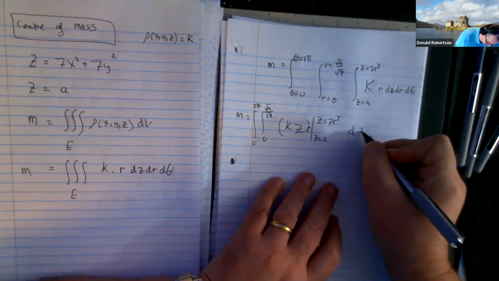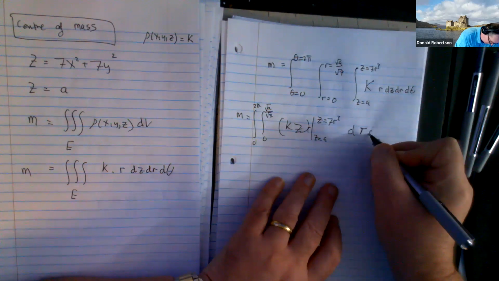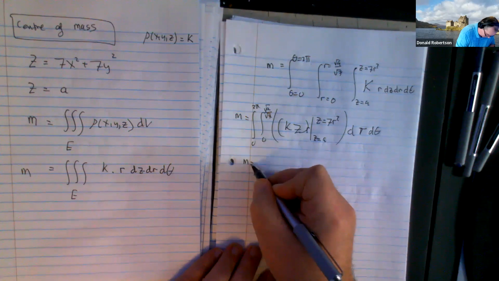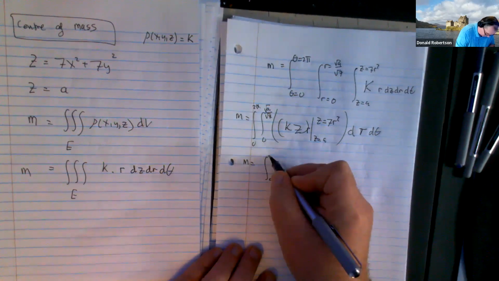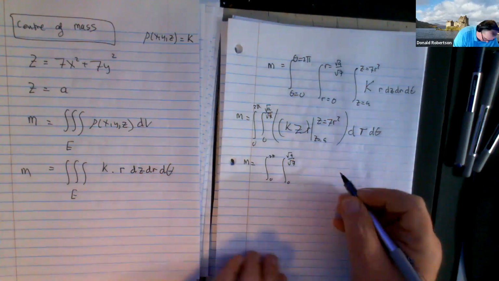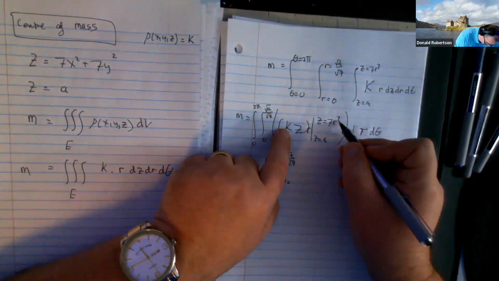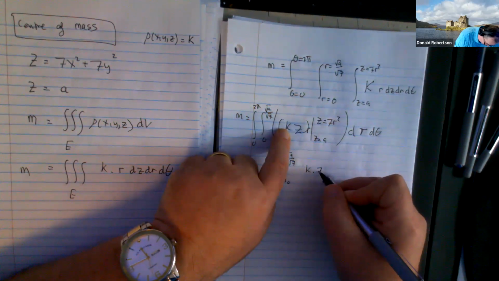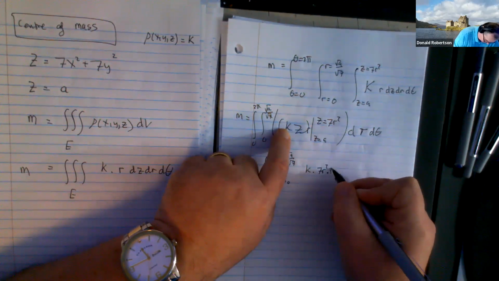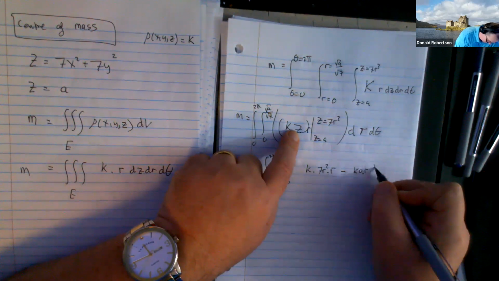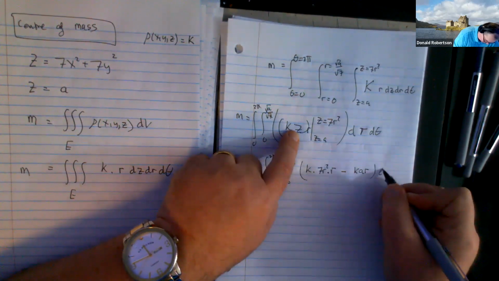And then you're going to do dr d theta. k times z is going to be k times 7r squared times another r, take away k times a times an r, dr d theta.